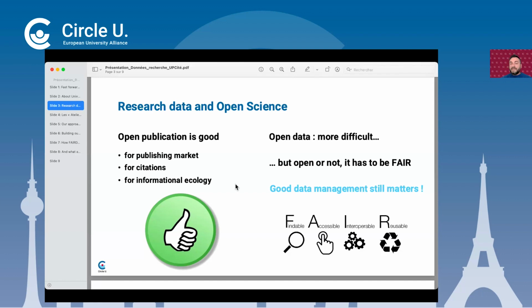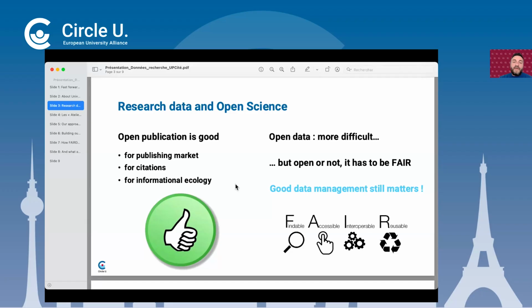So while opening data is certainly desirable at the end of the research process, the decision must always rest with the researcher or the research team who created them. From my point of view, there can be no obligation in that respect. But that said, even if data are not meant to be shared openly, they still need to be properly managed to ensure they can be processed, stored, and where appropriate, preserved over time.